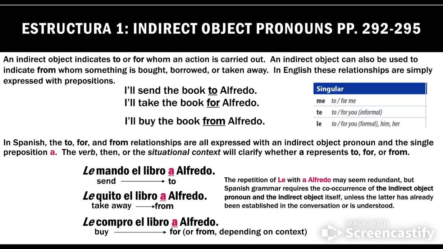The repetition of le with Alfredo may seem redundant, but Spanish grammar requires the co-occurrence of the indirect object pronoun and the indirect object itself, unless the latter has already been established in the conversation or is understood.